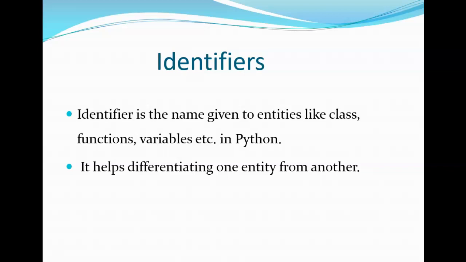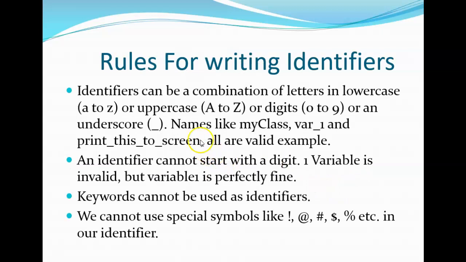By using relevant names for functions, variables and so on, that will increase the readability and understandability of the program. It also helps differentiate one entity from another by giving different names.